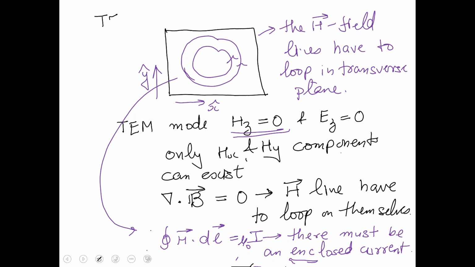That's Ampere's law. Both these laws are universal laws. Both these laws are fundamentals of nature. They cannot be broken.